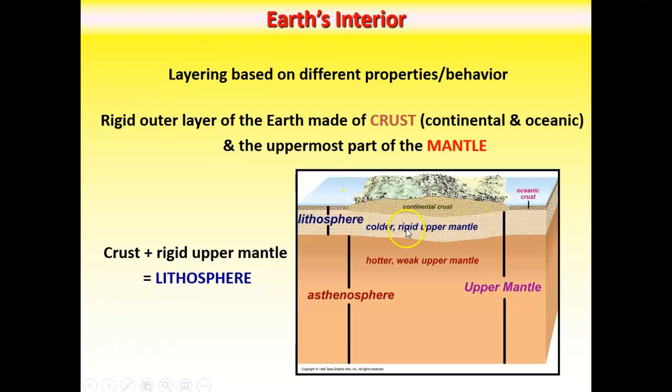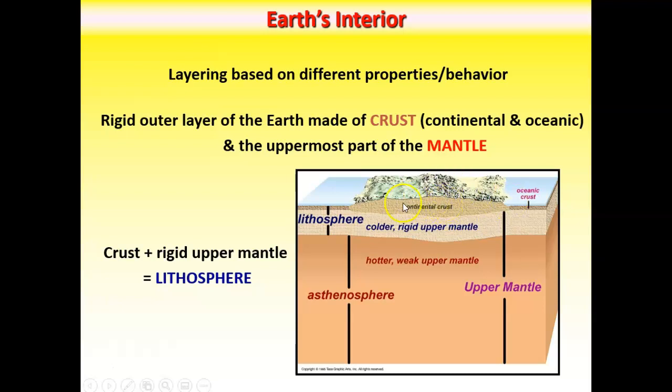Now, I did fib a little when we talked about composition in that there are two types of crust. There's what's called the oceanic crust, which is mostly beneath all the oceans around the world. And then the continental crust, which is mostly the crust that is above sea level, though that's not always true.